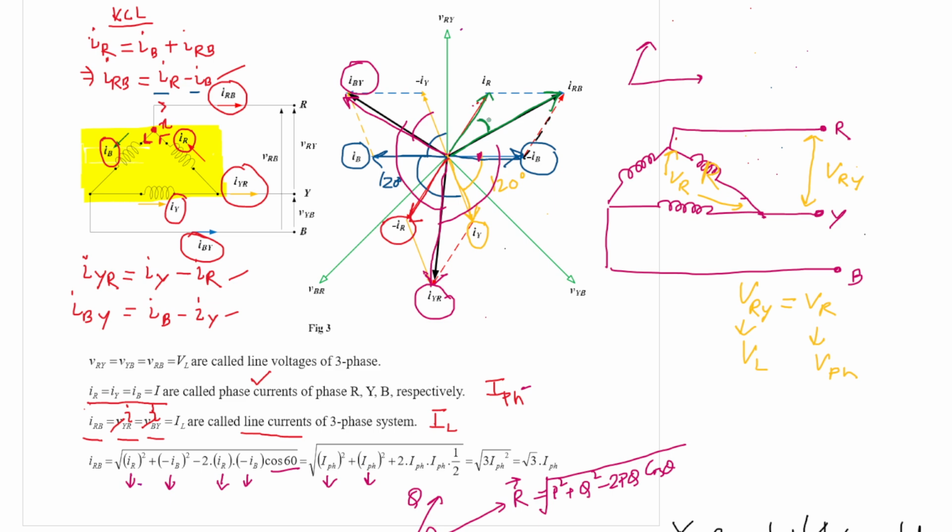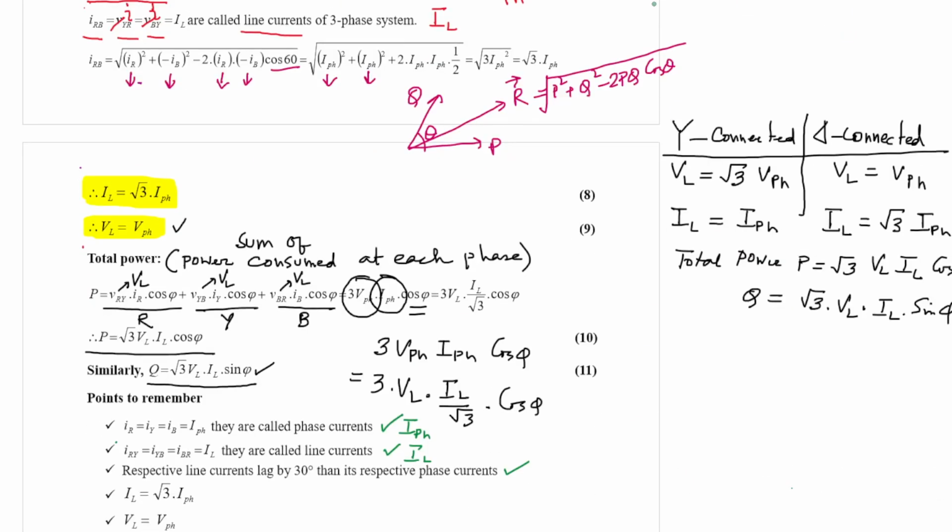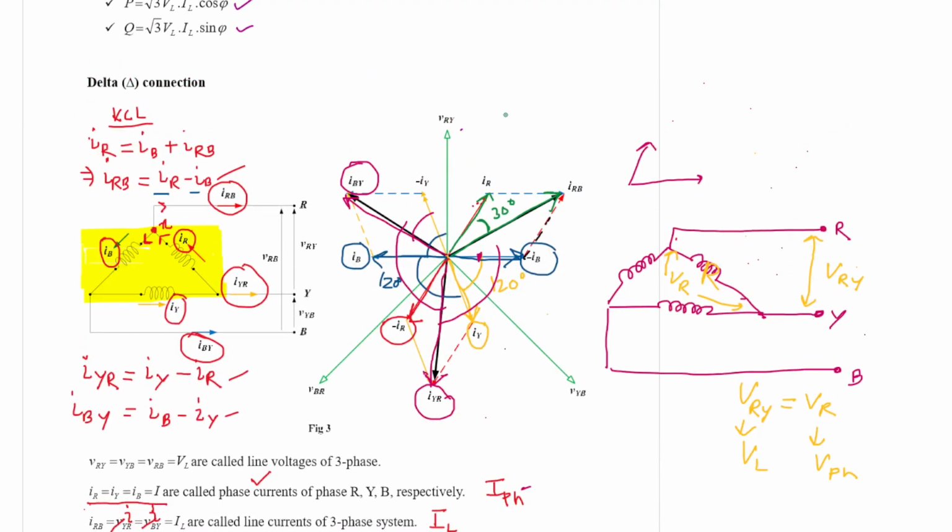So this angle is 30 degrees. So the line current IRB is lagging by an angle of minus 30 degrees, that is, it lags by 30 degrees the respective phase current, which is IR.